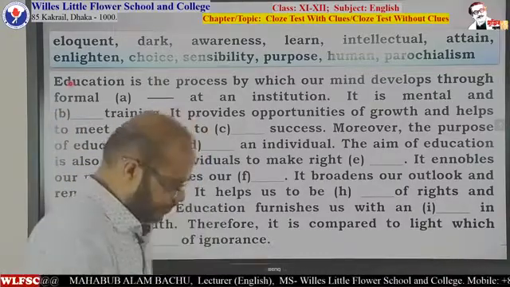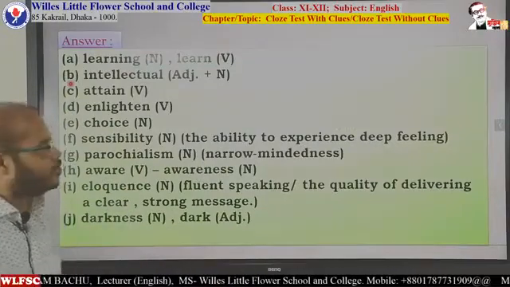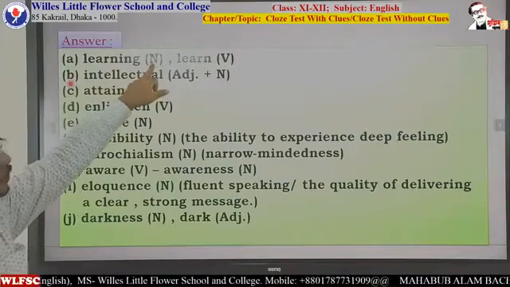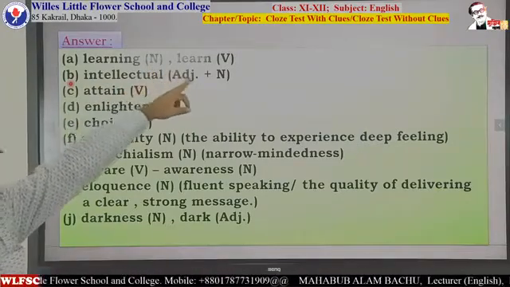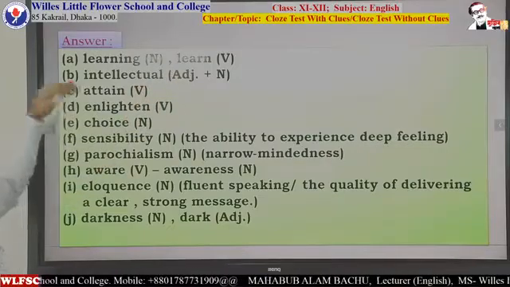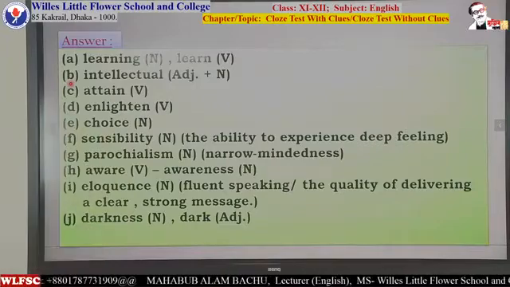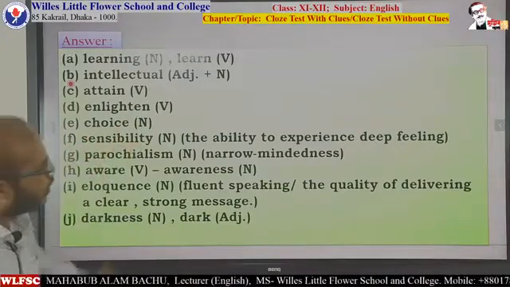And this is the answer. And what I've said, please, you say learning, noun form, and we have got it from the verb learn. Intellectual, adjective plus noun. From attain, verb. Enlighten, verb. Choice, noun form. Sensibility, noun form.